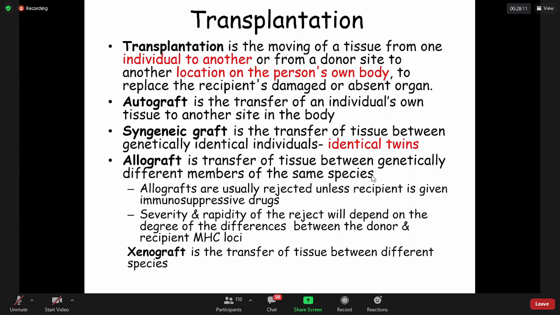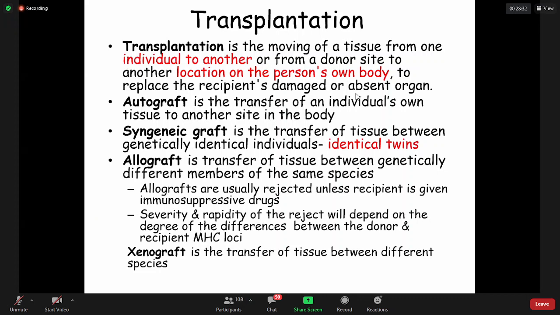They are genetically different, but they are of the same species, as happens between humans and humans. The other one is a xenograft, which is a transfer of the tissue from one individual to another, but of different species.